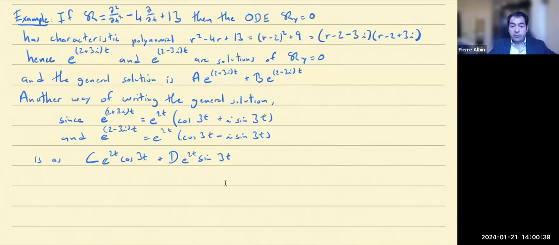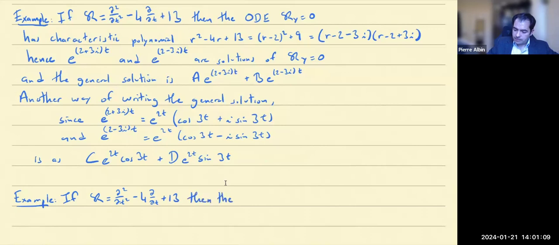Okay, what if you have repeated roots and they're complex? Let's do an example of that. So to guarantee that we have repeated complex roots, let's just stick with this linear operator R. All right, so R is going to be the same operator, but we're going to consider the ordinary differential equation R squared y equal to 0.